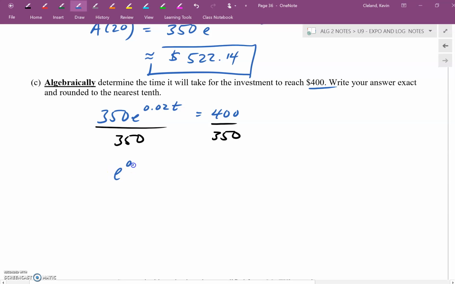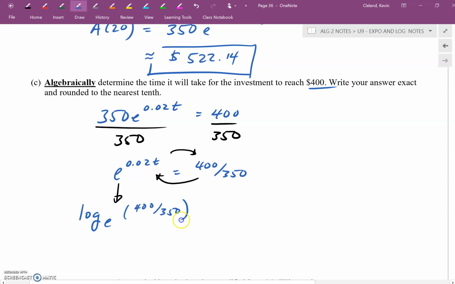So we got e to the 0.02t equals 400 over 350. And again, I like to leave these in fraction form just because it's more exact, but it's up to you. You could get a decimal value for that and work with that moving forward. Now, this would get us a log base e. I'm going to bring down your base, perform the old switcheroo on your exponential to your log, and we have log base e of 400 over 350 equals 0.02t.